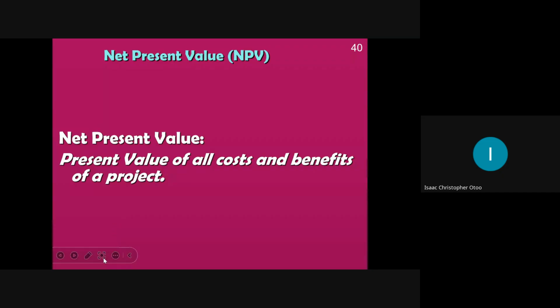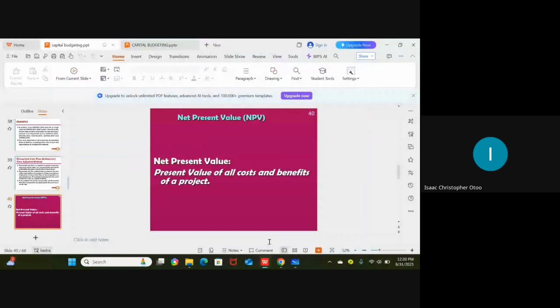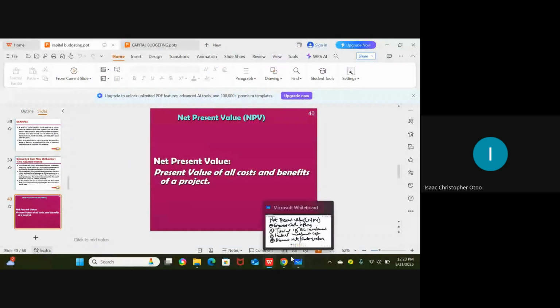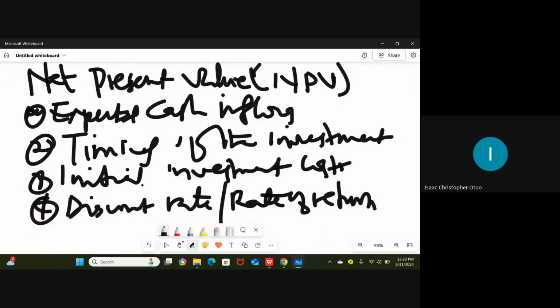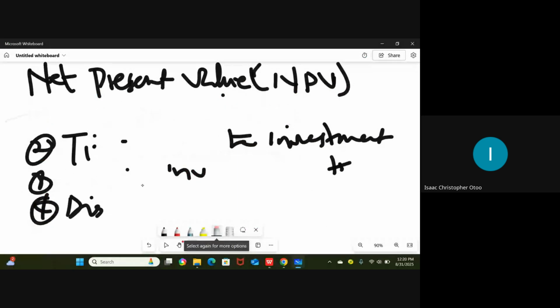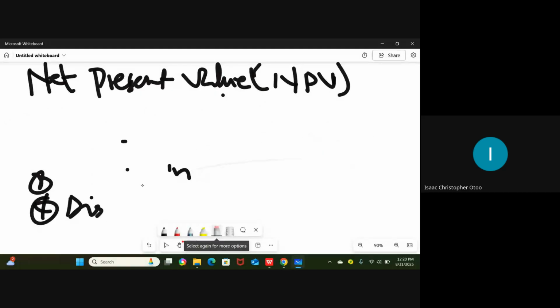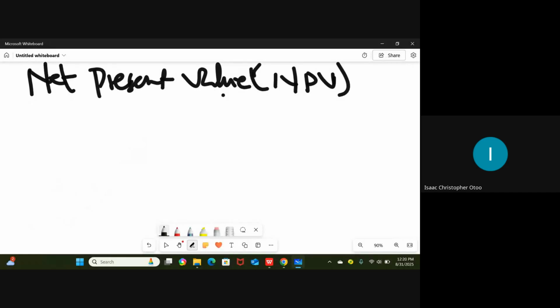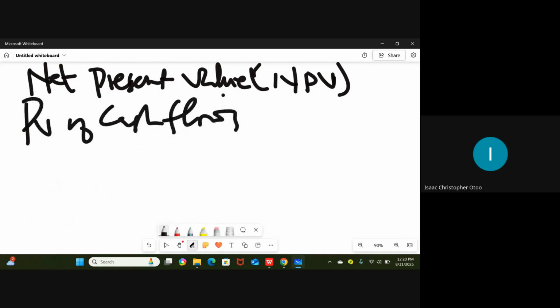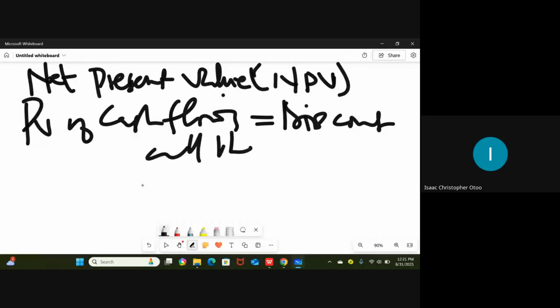To find the present value of cash flows, you have to discount all the cash flows.